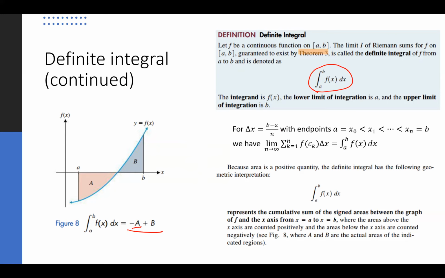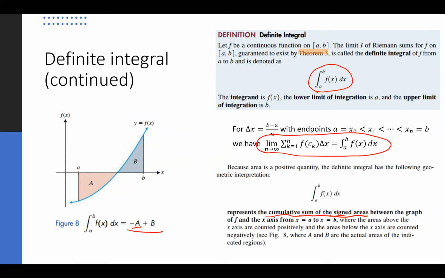It's a signed area: the cumulative sum of signed area between the graph and the x-axis. So when we calculate, we need to take into account the sign of the area as well.